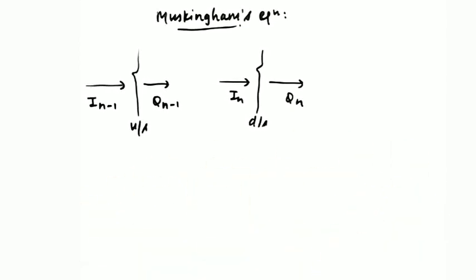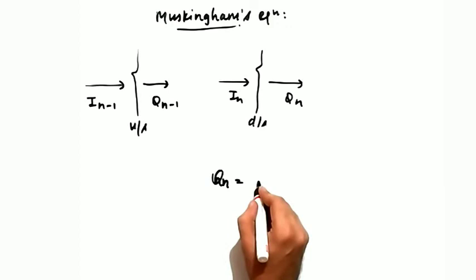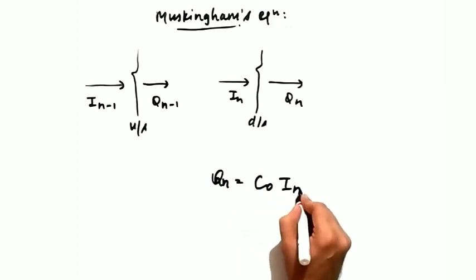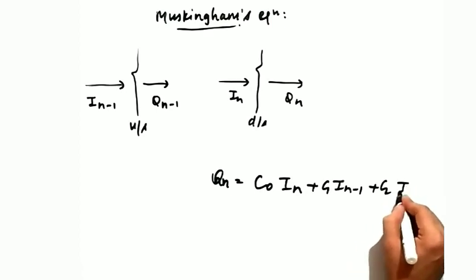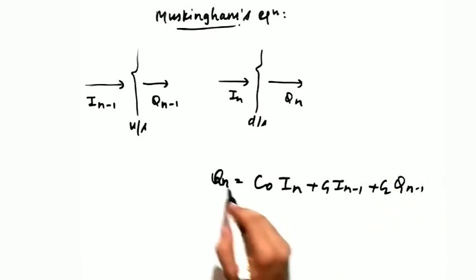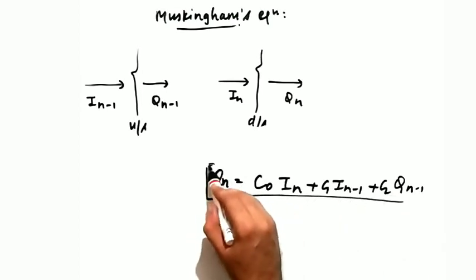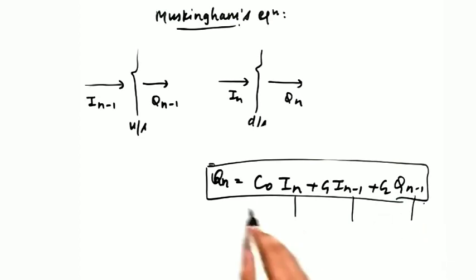Now this equation is basically used to calculate the value of Q n. Q n can be represented as C0 I n plus C1 I n minus 1 plus C2 Q n minus 1. This is the equation that is called the Muskingum equation. You are clear with I n minus 1, Q n minus 1 and Q n.